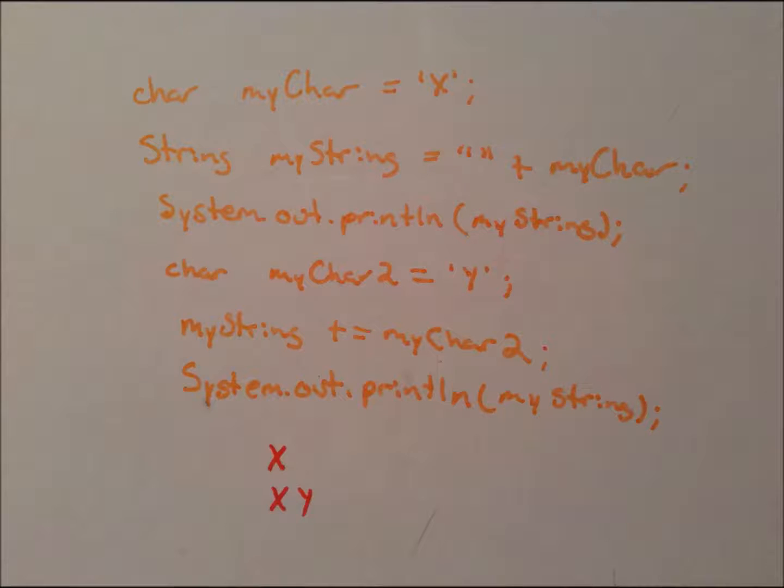Conversion from char to string can be accomplished by using the concatenation operator described previously. Concatenating a char with an empty string results in a string that consists of that char. The Java notation for an empty string is usually 2 double quotation marks. For example, to convert myChar to a string, it is added to 2 double quotation marks.